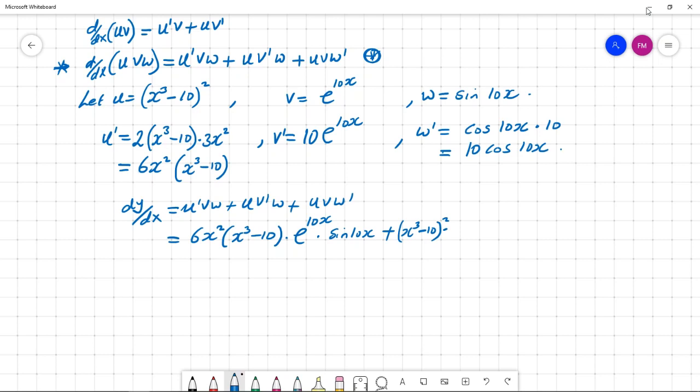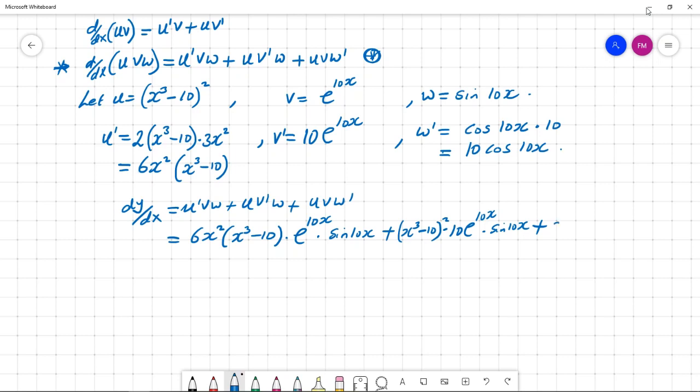So here we multiply by v prime. v prime is 10 e power 10x, multiplied by w. w is sine 10x, plus u v w prime. So what is our u?